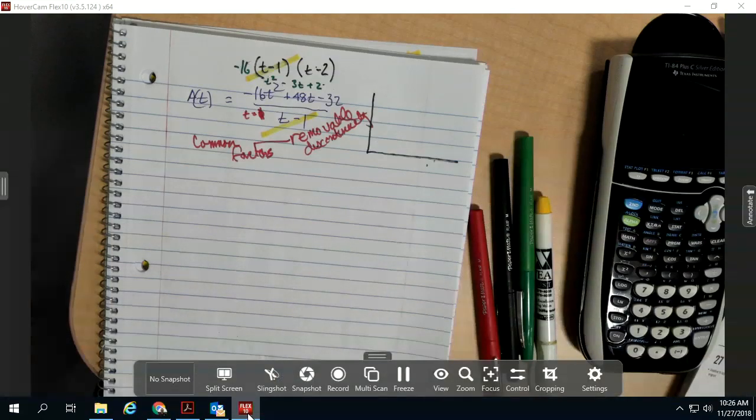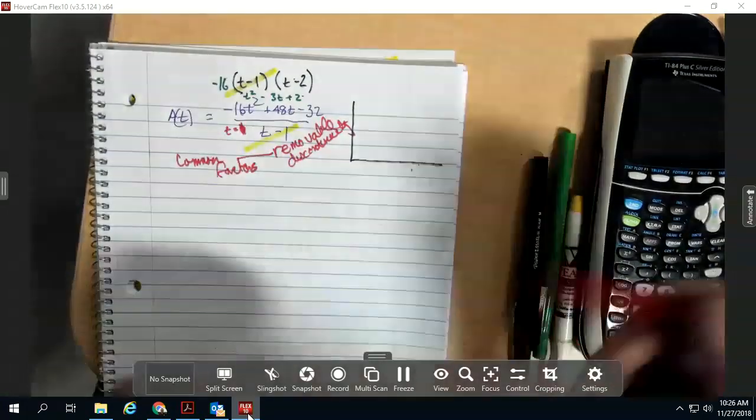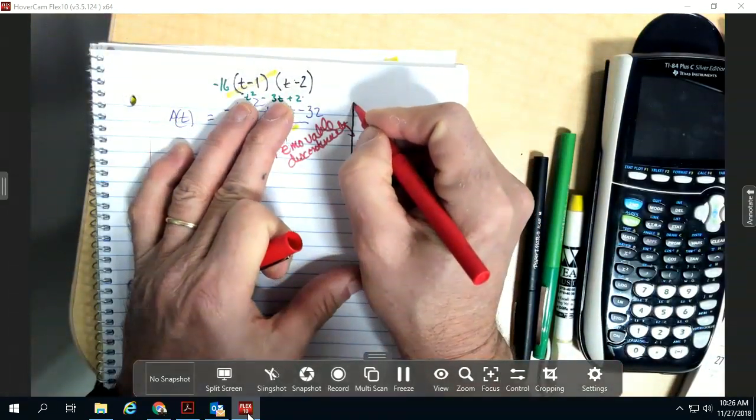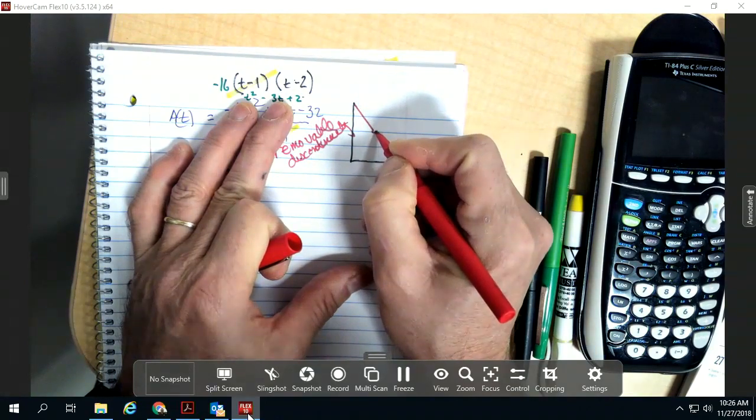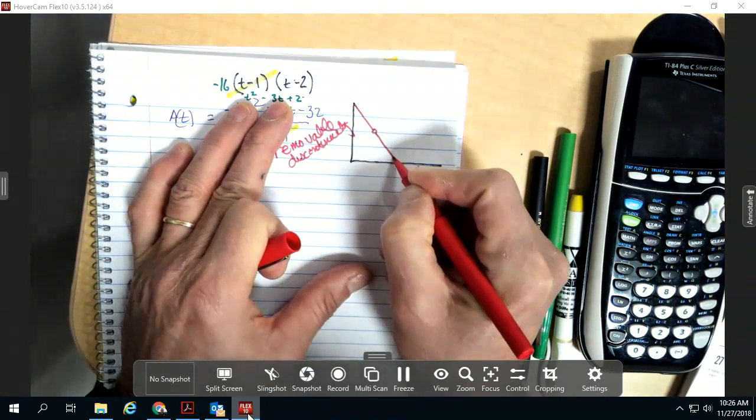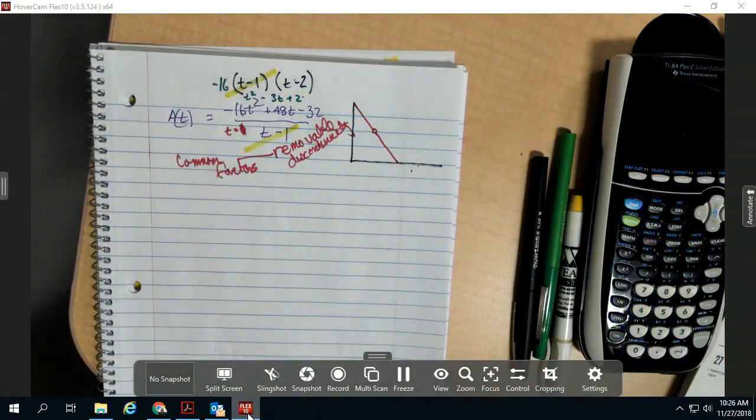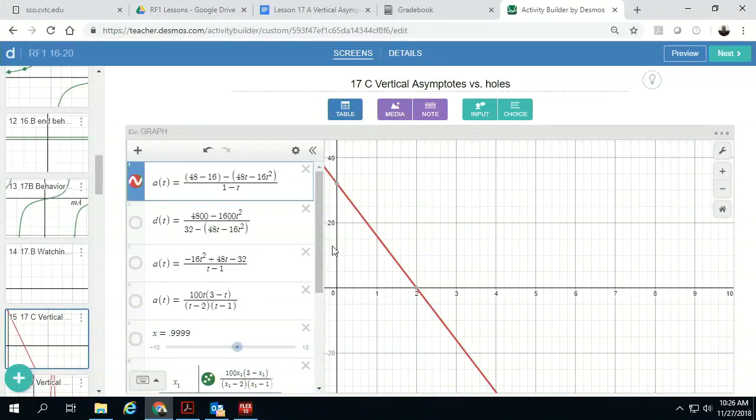So when we sketch the graph and we see this, we're tempted to draw the whole thing. When you see that line, and you see that this is a rational function.